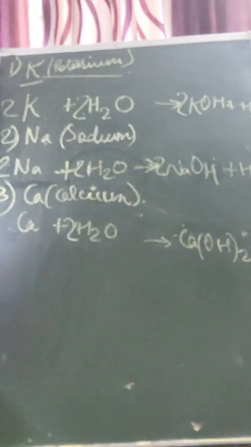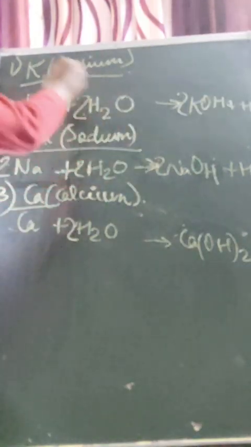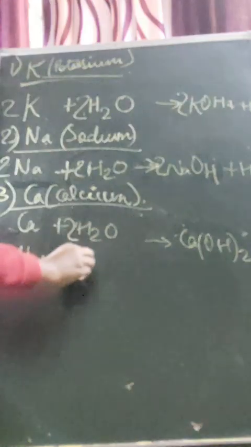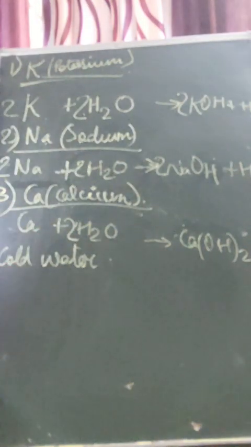This is also the test for the formation of calcium hydroxide. Now let us move on to magnesium. So these three elements react with cold water. You must remember this.